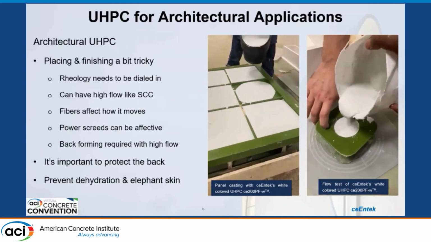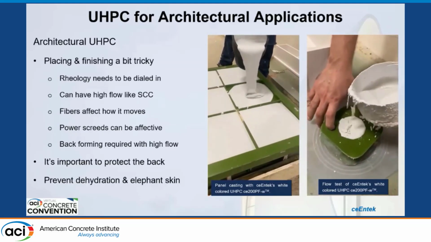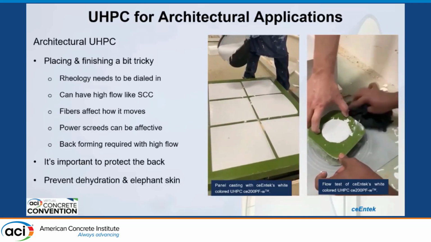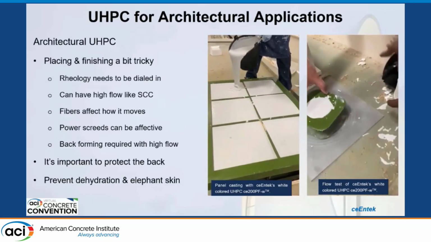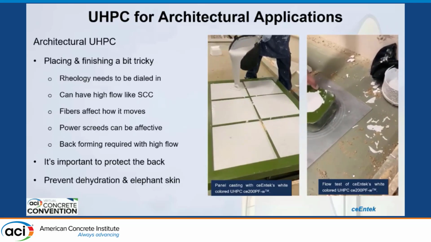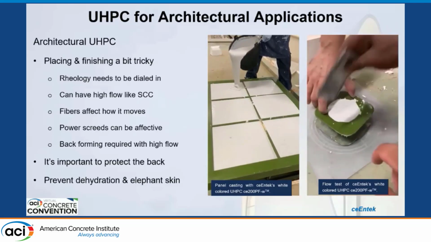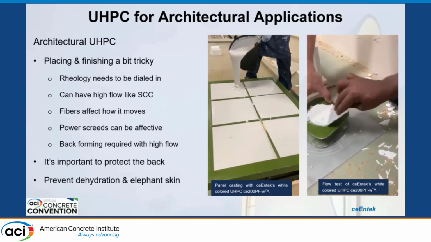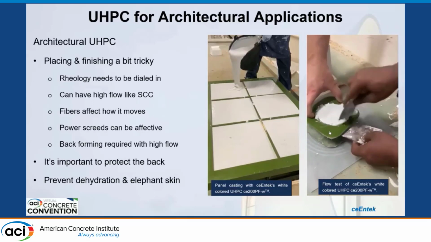And with architectural applications, they're often these very high flow mixes where you've got a lot of rheology to work with. So you would typically want to back these up with a back form if you're going to be casting something very thin.